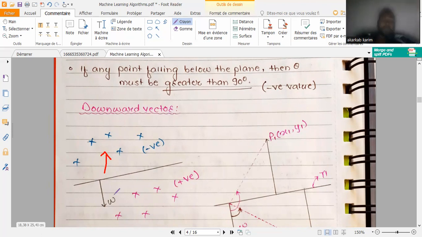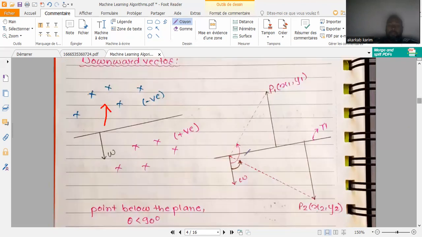And any point we have in the bottom, below this plane, is considered positive. If we consider this angle here, any point here is less than 90 degrees, but any point here is more than 90 degrees.